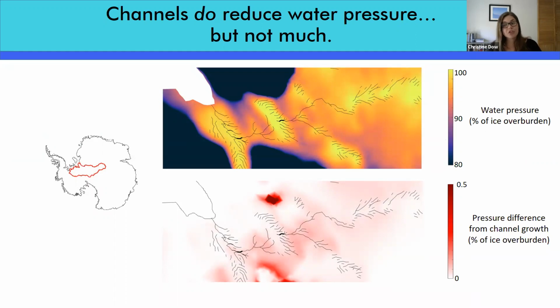The reason that we can get much lower pressures in Greenland is because those channels are constantly changing size depending on the amount of water flowing in. But if you've got a very static, uniform volume of water going through a channel, it can equilibrate, so it's very close to steady state and has pretty minimal impact on the pressure system. So that means, although we've got very, very long channels, which are fascinating in terms of where they take water to funnel it out to the ocean, they're not really having that much of an impact on ice dynamics.